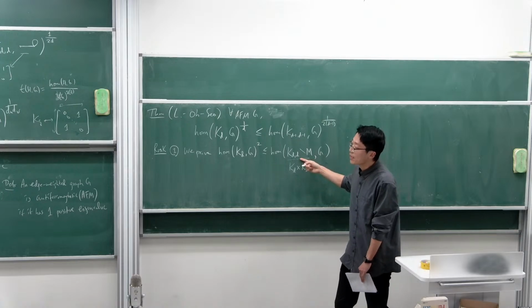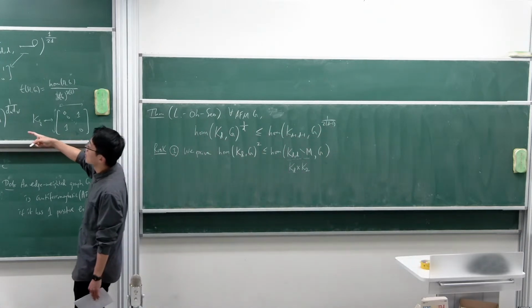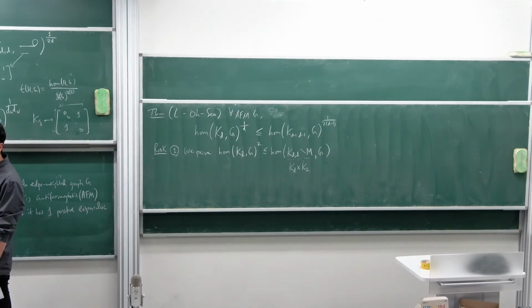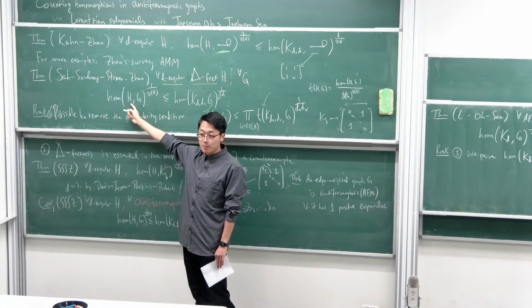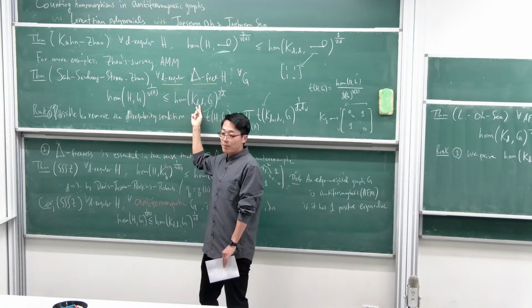And hence triangle free. So you can make use of this reverse Sidorenko inequality with H being the complete bipartite graph minus a perfect matching. Then you get the right bound.